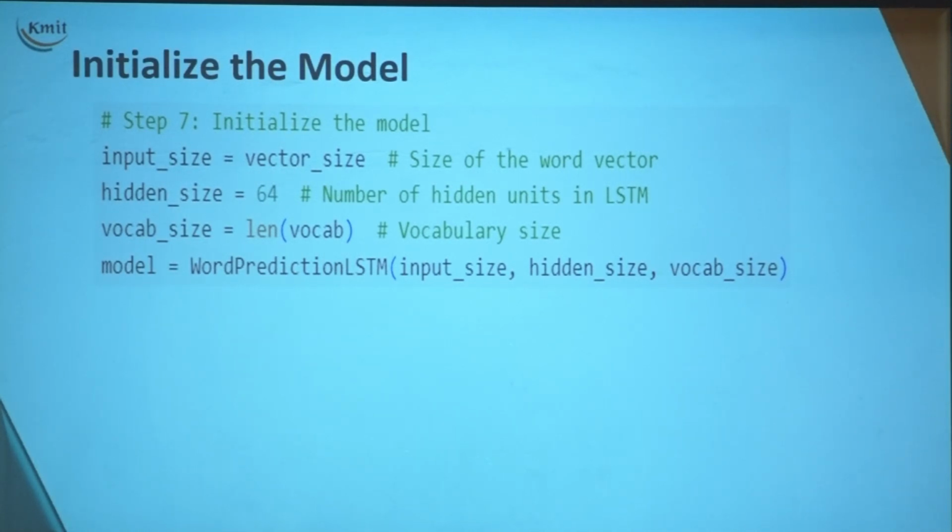Hidden size, you already know from when ma'am taught you about RNN. You will take hidden size as 64, 128, 256, basically 2 to the power n. So here I am choosing my hidden size as 64. It is user specific. Okay. So input size is obviously my word embedding size that I have decided.